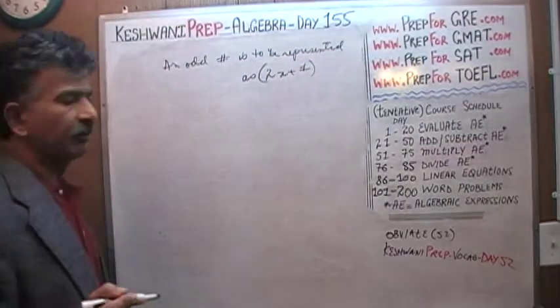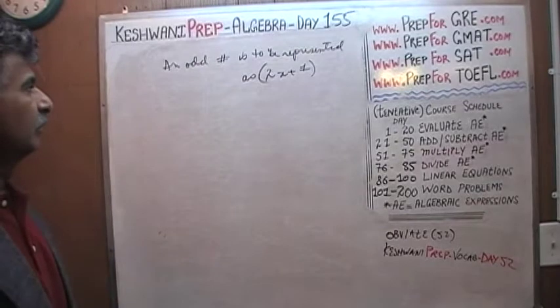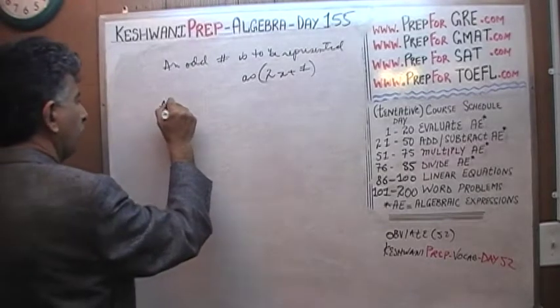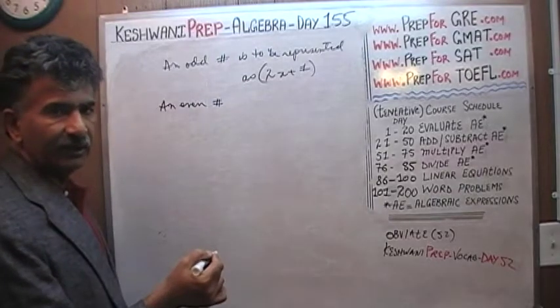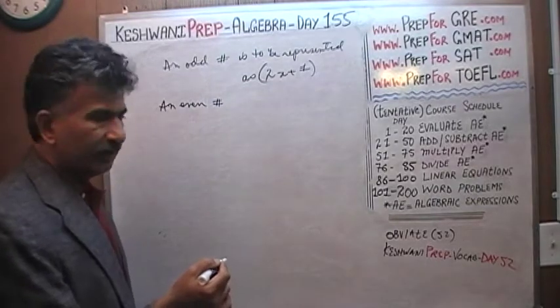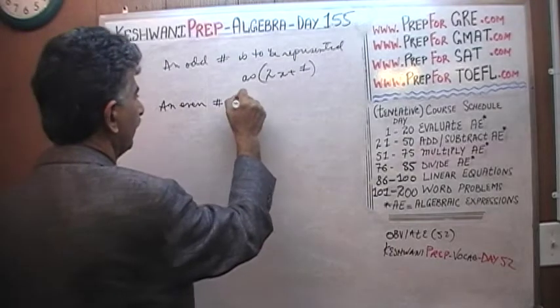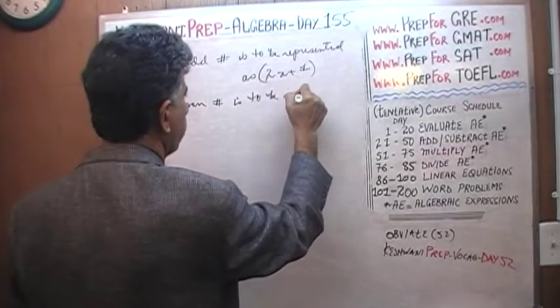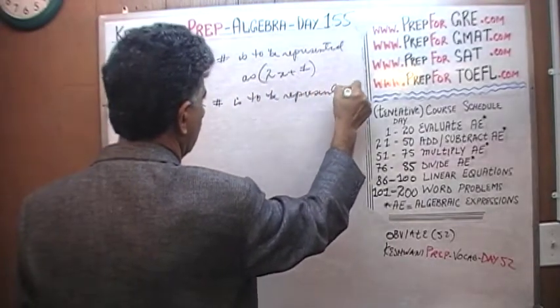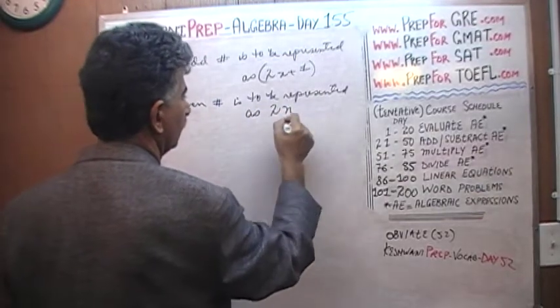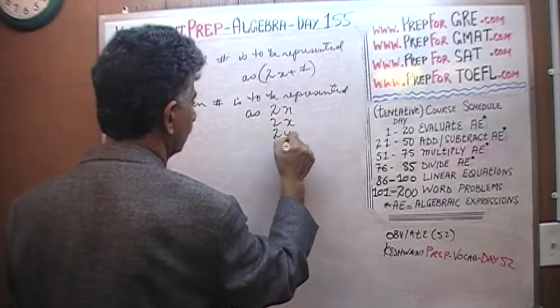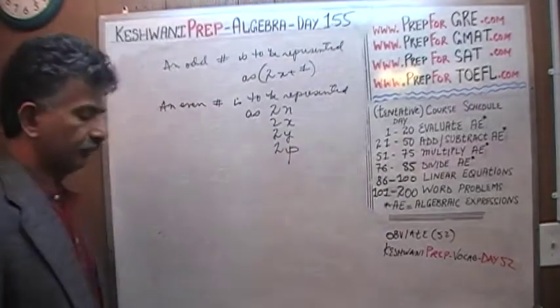Which variable you use is up to you, but it has to be represented as 2x plus 1. An even number, if the problem mentions the word even number, an even number is to be represented as 2 times some number, 2 times n, or 2 times x, or 2 times y, or 2 times p, whatever it is. Do you understand?